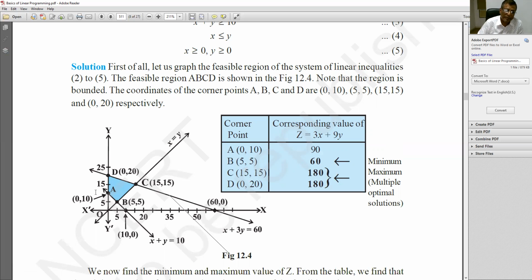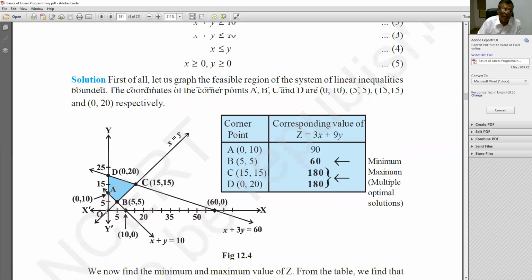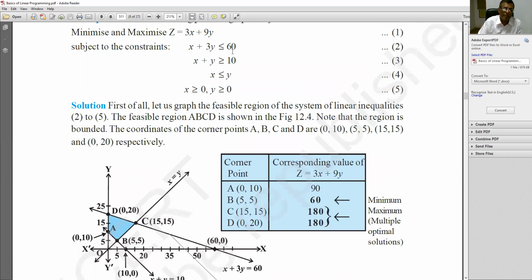In this way, as usual, our target is to search which points are representing the feasible region. Checking the origin, the inequations 1, 2 in your question, all these results are not satisfied by 0, 0. If you put A is equal to 0, 10, means x is equal to 0, y is equal to 10, then this is equal to 30, and 30 is less than 60.